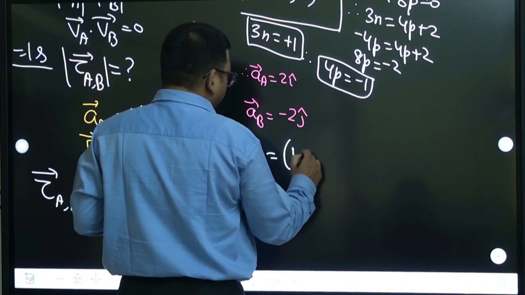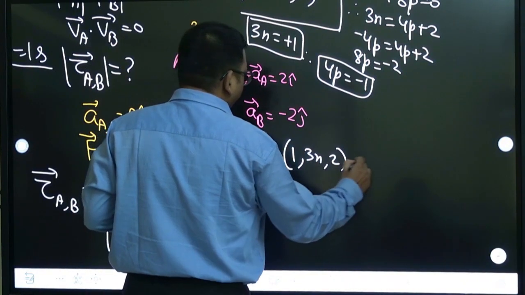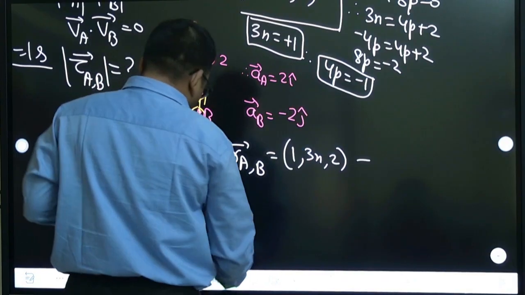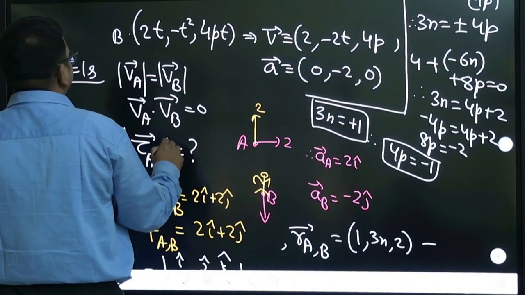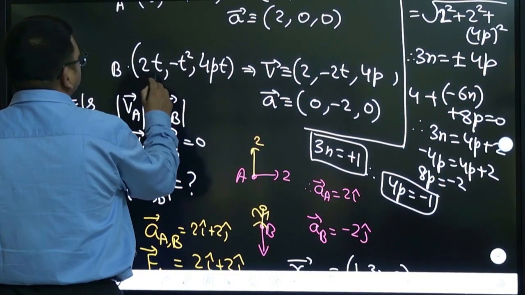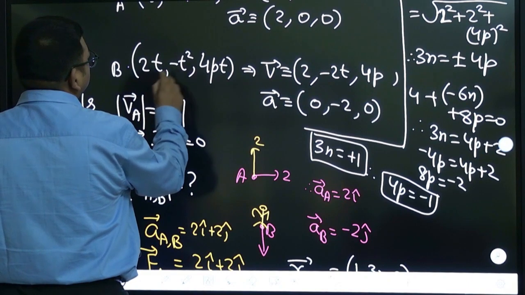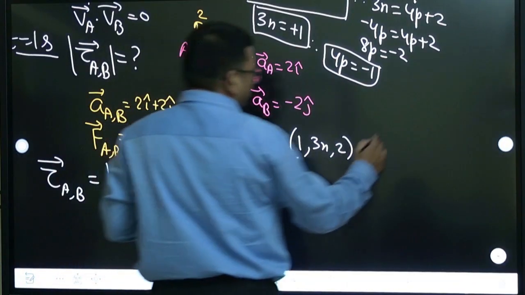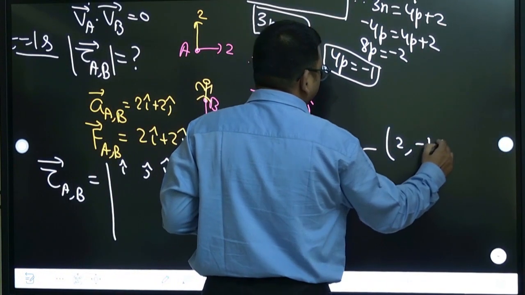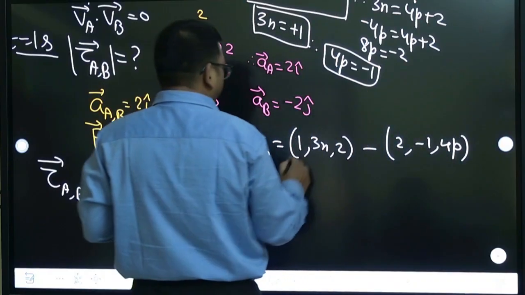1, 3 and 2 minus position of B. What is position of B? Check position of B. Position of B here is 2 minus 1, 4p. Now 4p value we can substitute.